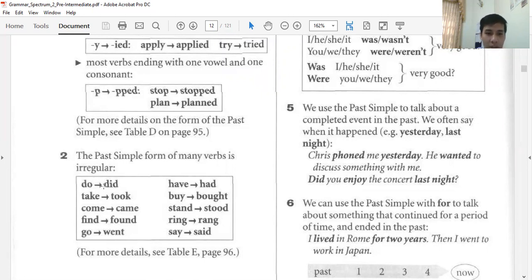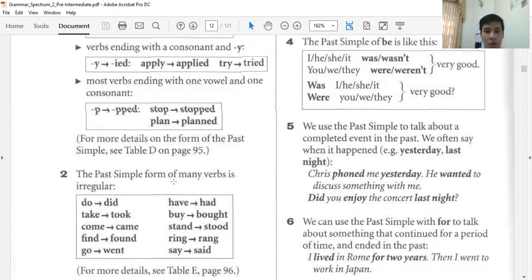Like the word do, we change to did, and take, we change to took, come, we change to came, find, we change to found, go, we change to went, have, we change to had, buy, change to bought, stand, change to stood, ring, change to rang, and say, change to said, like this.